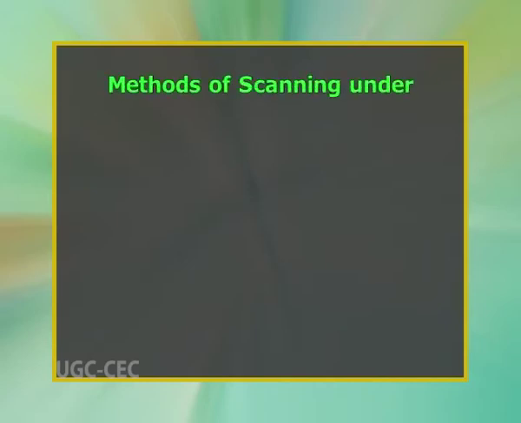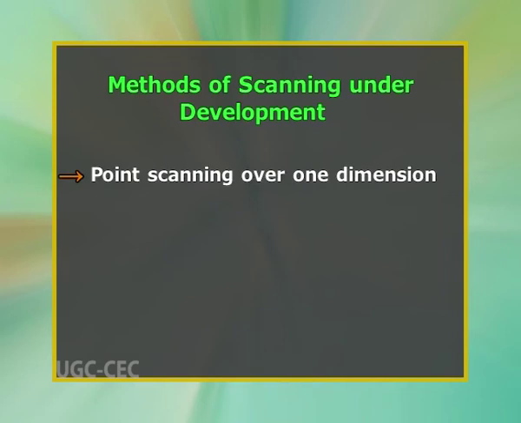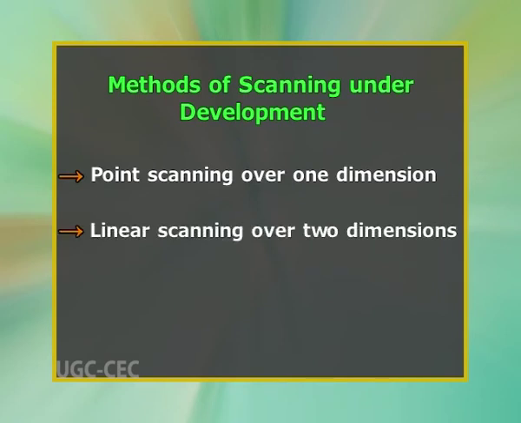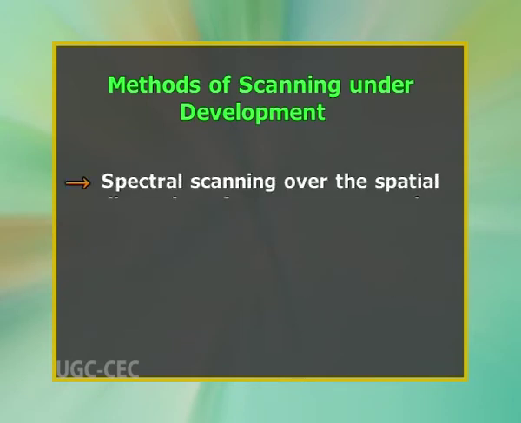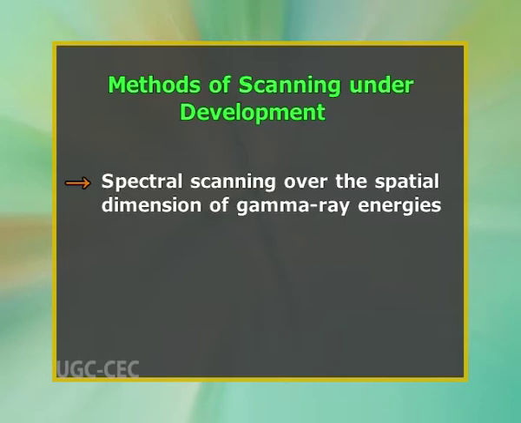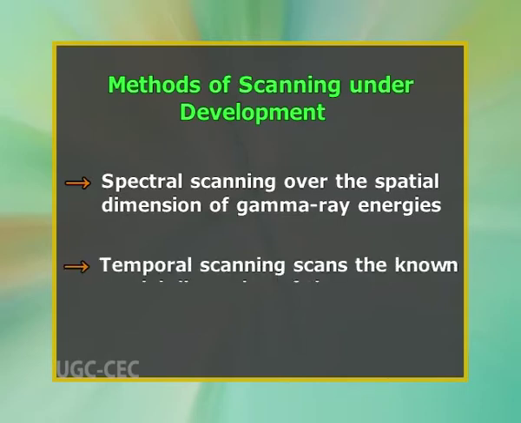Many methods of scanning are already under development: point scanning over one dimension, linear scanning over 2 dimensions, area scanning over 3 dimensions, spectral scanning over the spatial dimension of gamma ray energies, temporal scanning scans the known spatial dimension of time. Combinations of these dimensions or of others include almost every method of detection external to the body.